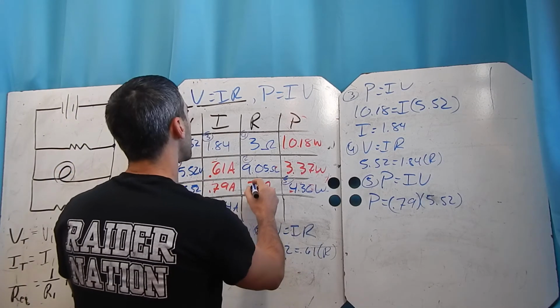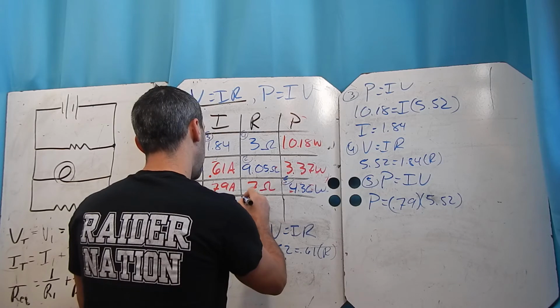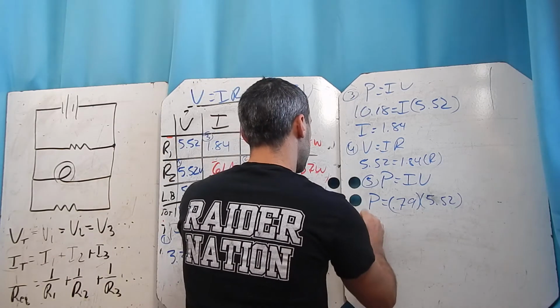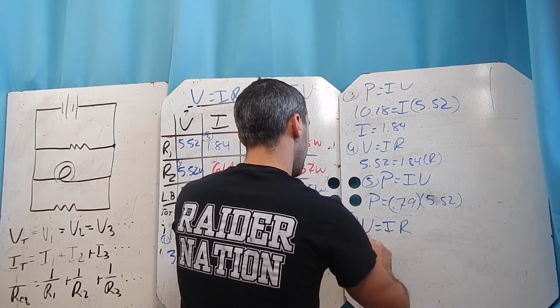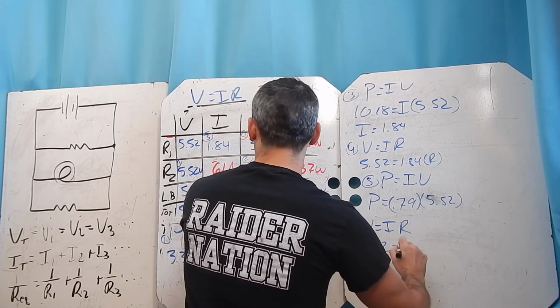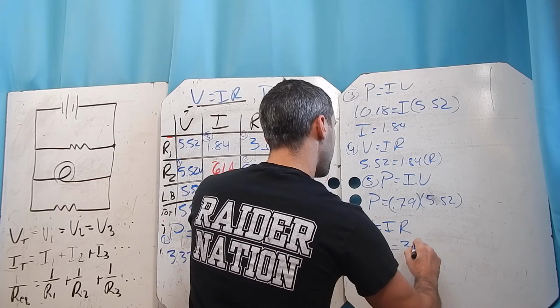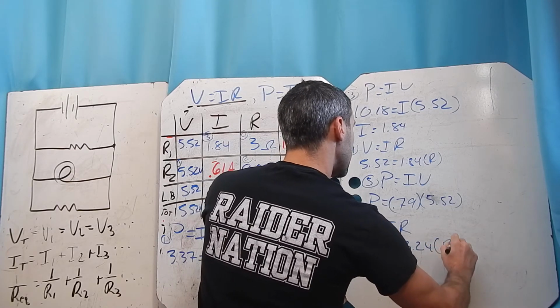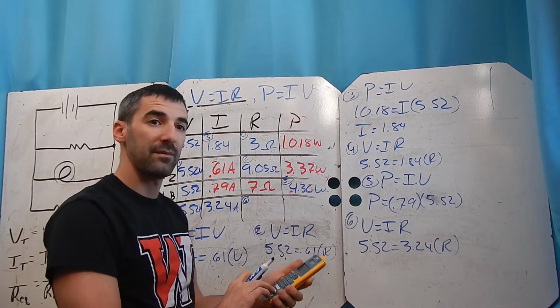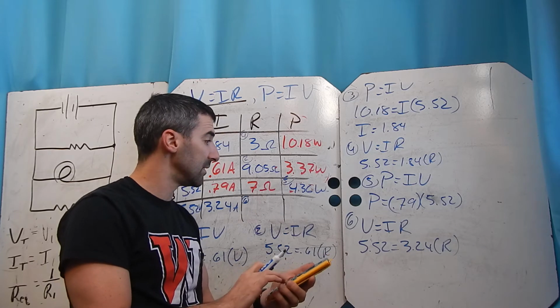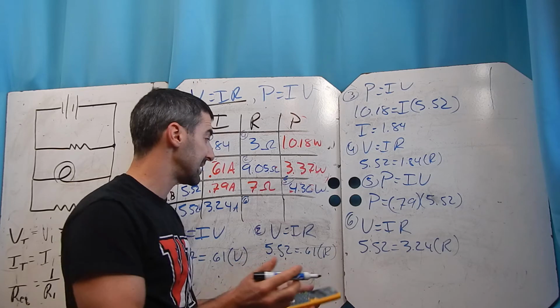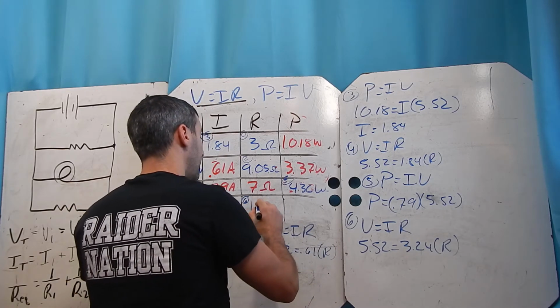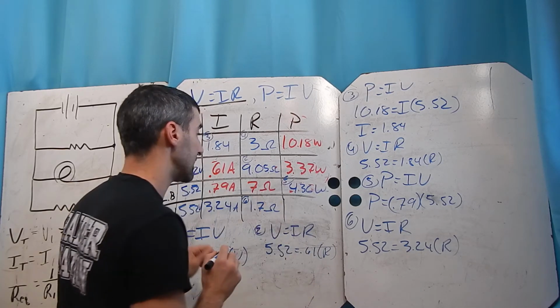So let's see. I'll do this: 1, 2, 3, 4, 5. Spot number 6. V equals I times R. 5.52 equals 3.24 times R. 5.52 divided by 3.24 gets me a 1.7 ohm resistance.